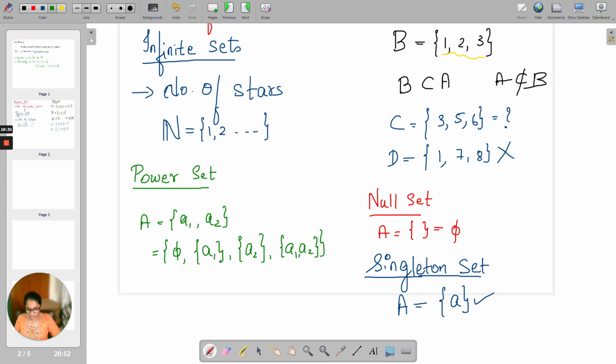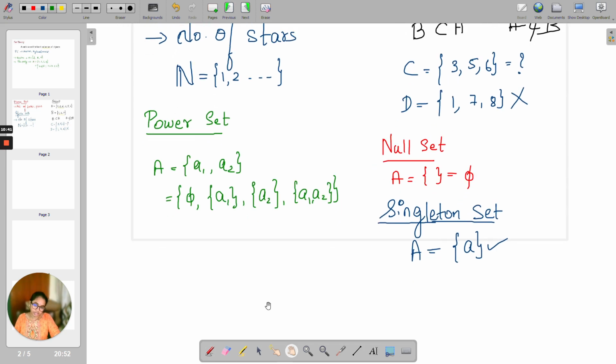Okay. So there is a formula to find out the possible number of subsets a given set can have.